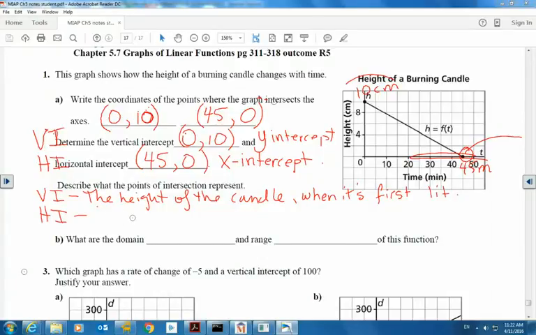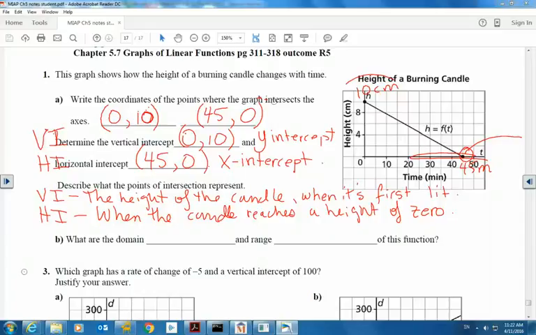It's when the candle reaches a height of 0. Okay? All right. So the candle's gone.